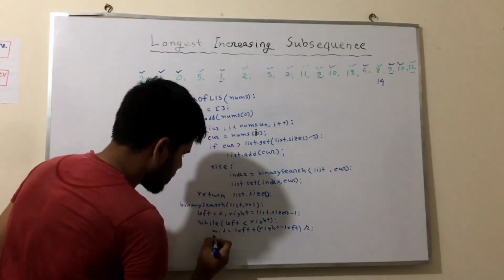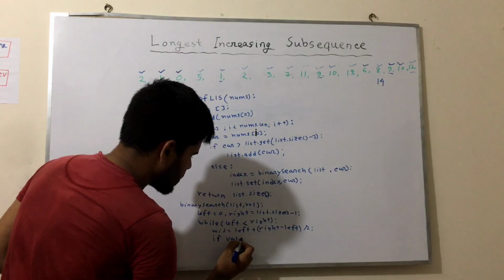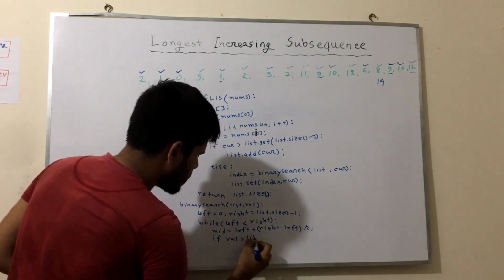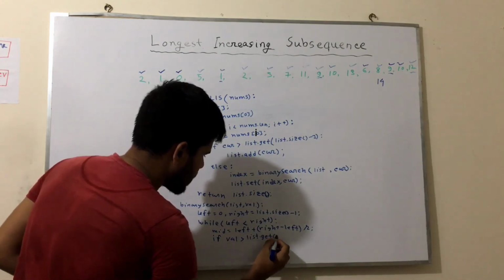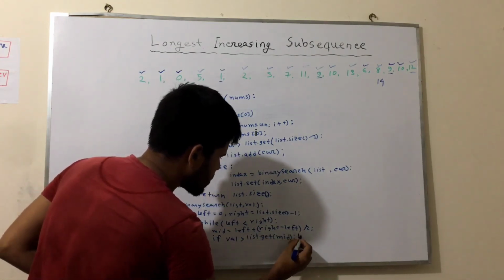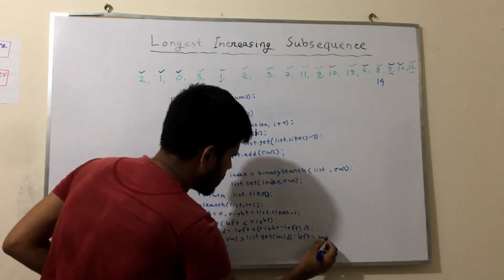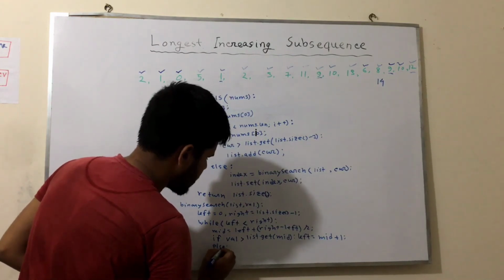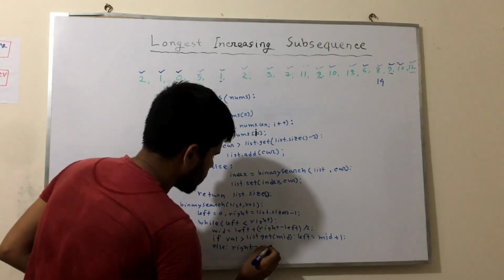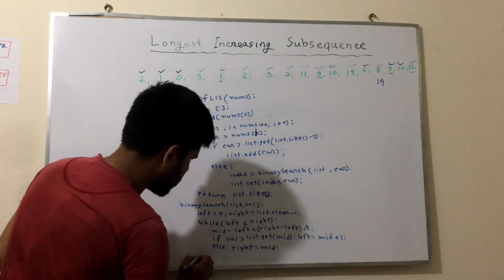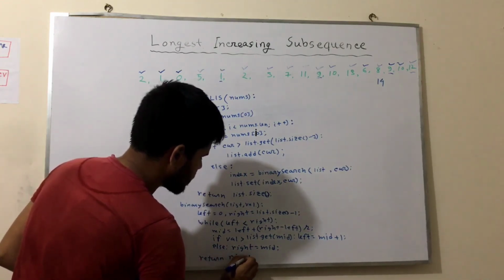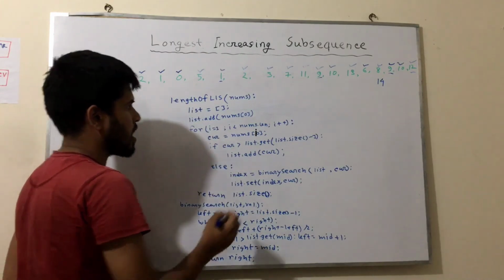Now if the value is greater than the middle value, list dot get mid, then we will shift left to middle plus 1. Otherwise, we will shift right to middle, and at the end of this while loop we will return the right. This is your binary search algorithm.